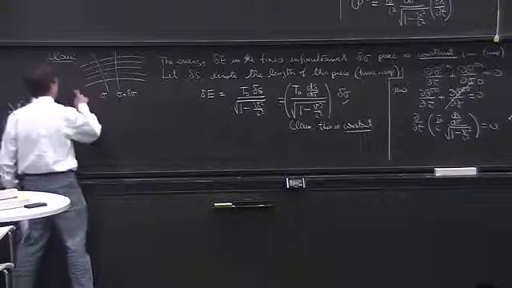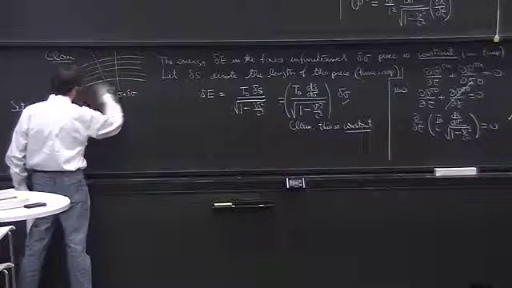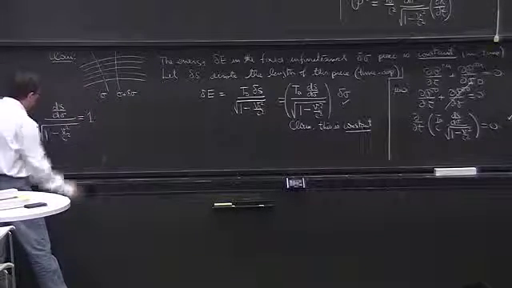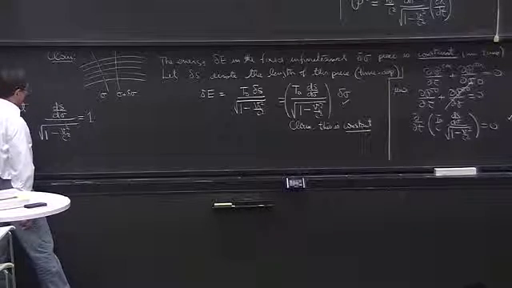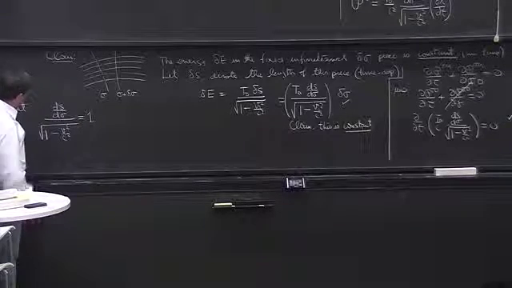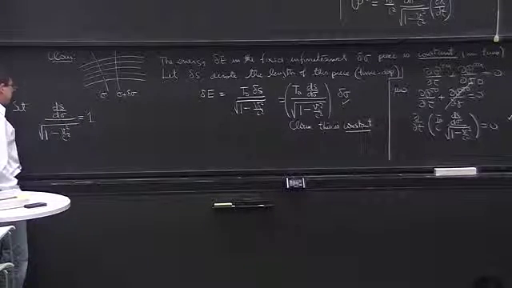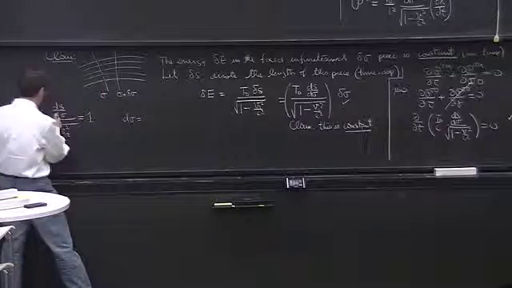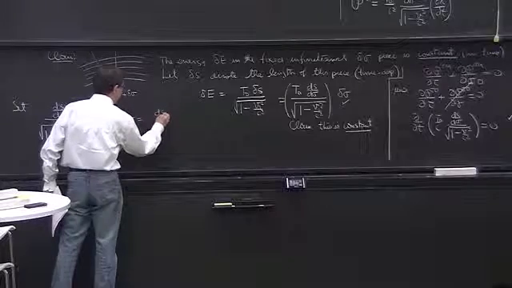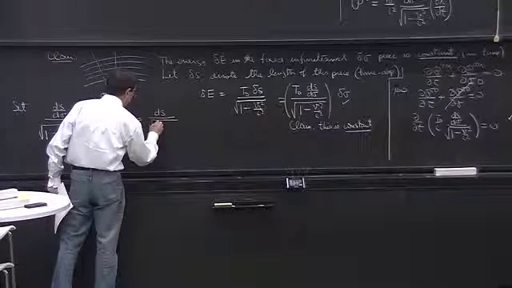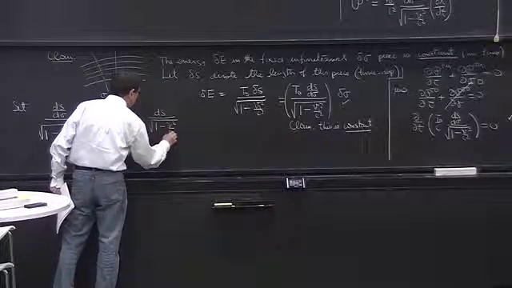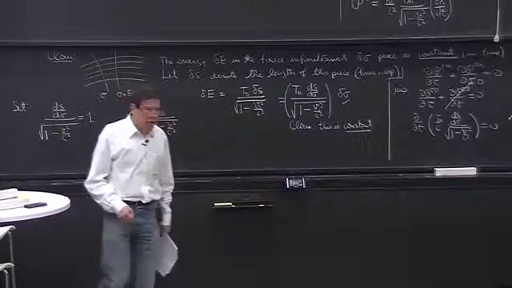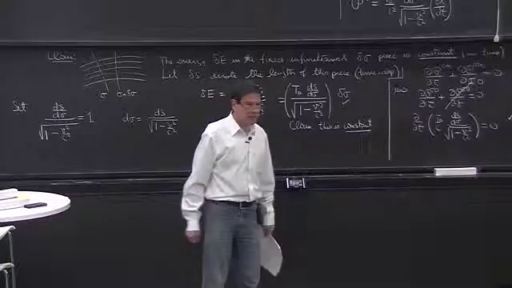All your strings are going to go from 0 to sigma 1. We'll make it twice as big. Make it such a way that this is just 1. And then, if this is 1, let's think physically what that means. It means that d sigma is equal to ds over the square root of 1 minus v squared over c squared. That already tells you that you finally learned how to parameterize the string.